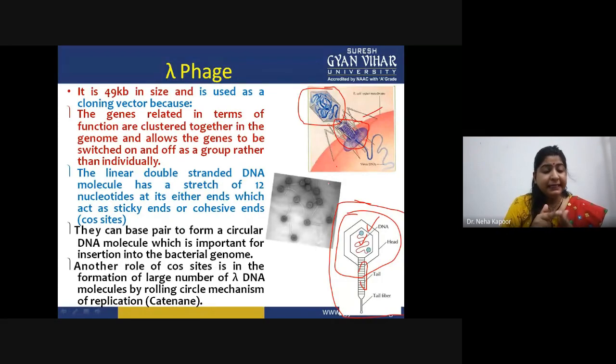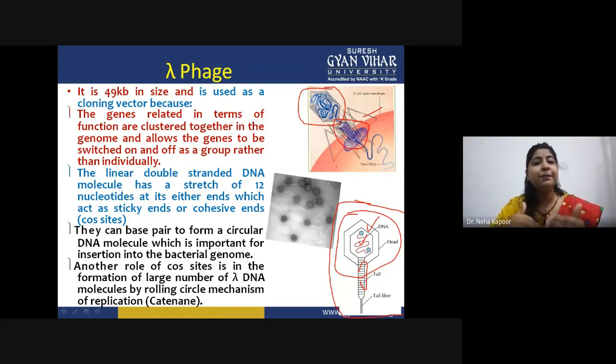Second, the linear double-stranded DNA molecule, the genome of lambda phage, has a stretch of 12 nucleotides at both the ends. That means the genome of the lambda phage contains sticky ends or cos sites at both the ends.